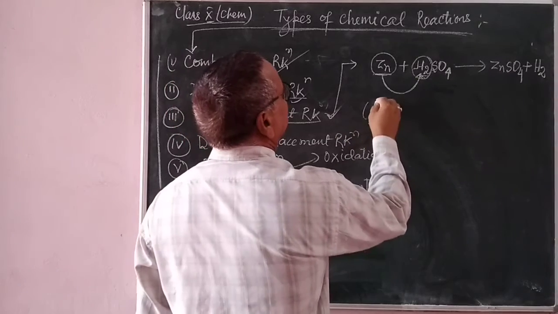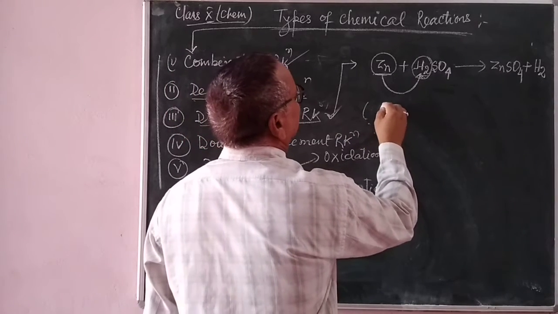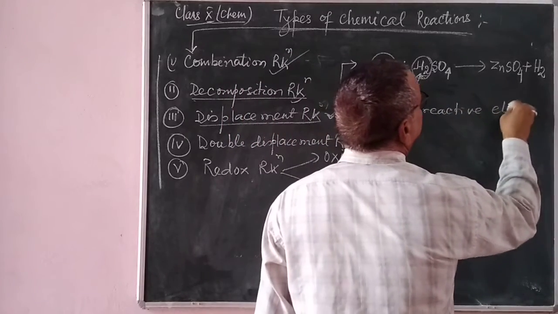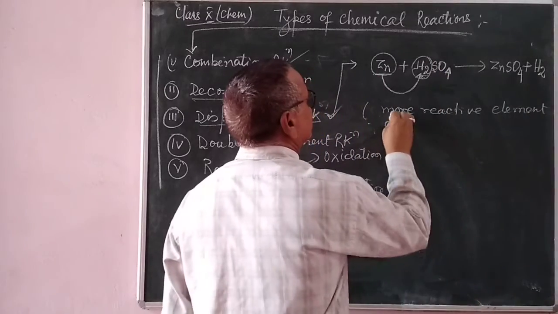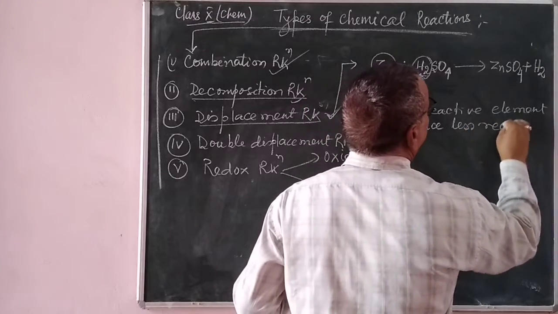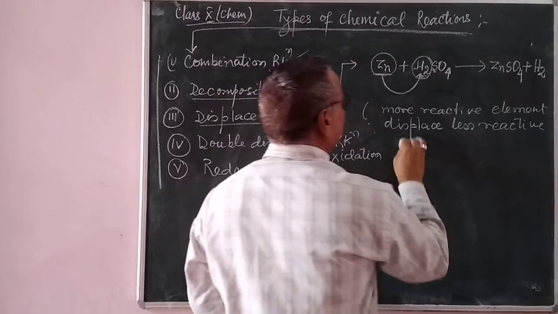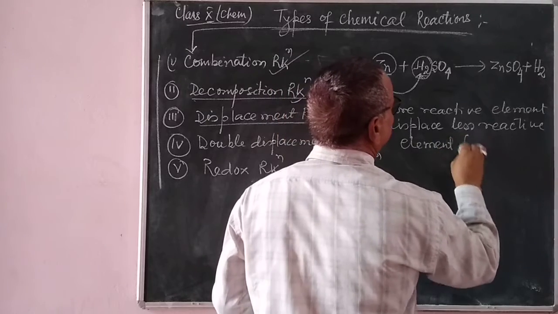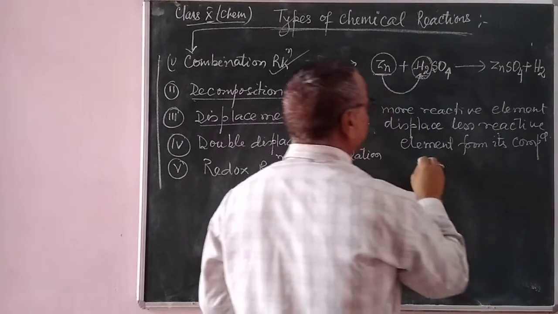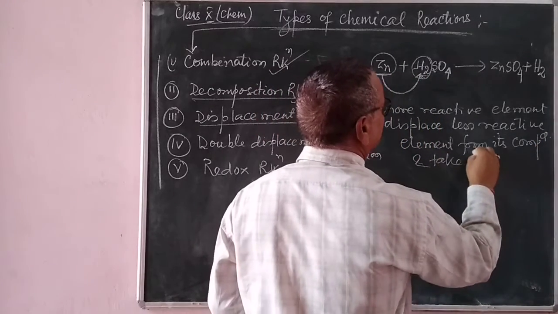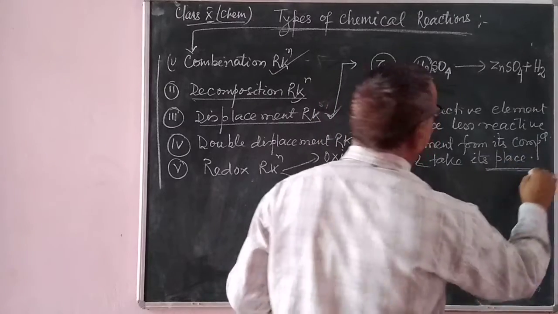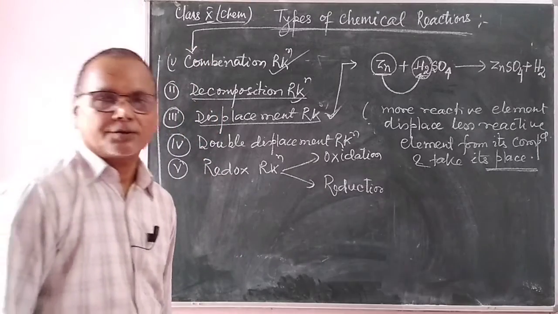So you can define them as reactions in which the more reactive element displaces the less reactive element from its compound and takes its place. Such a reaction is called a displacement reaction.